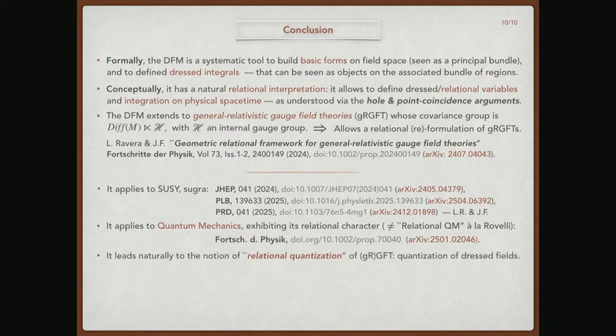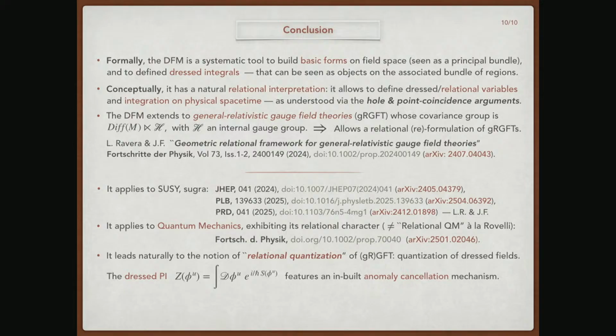And that framework leads naturally to the notion of what we might call relational quantization, which is simply, once you have a relational variable, you quantize not the bare variable, but the relational one. For example, you can have a dressed path integral, which would be like this, which is the path integral of the dressed fields. If it happened that the bare path integral, so without the dressing, had an anomaly, a gauge anomaly or a diffeo anomaly, these objects cancel it immediately, automatically.